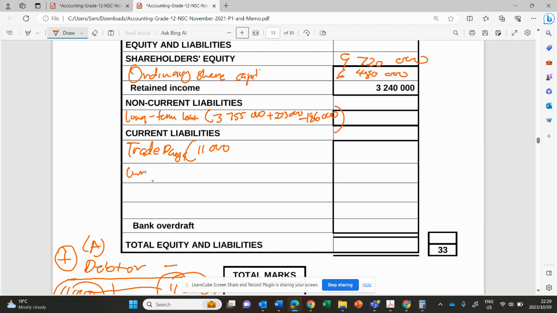So it's the current portion of loan under the current liabilities. We're going to say 186,000.